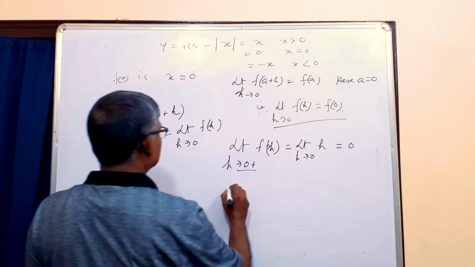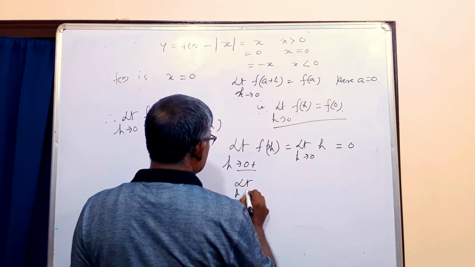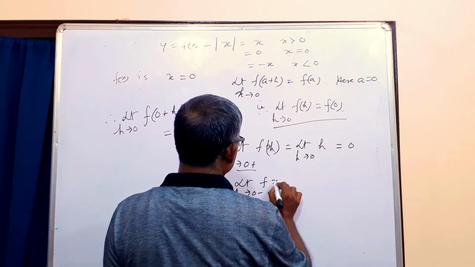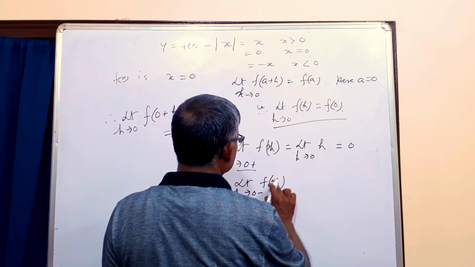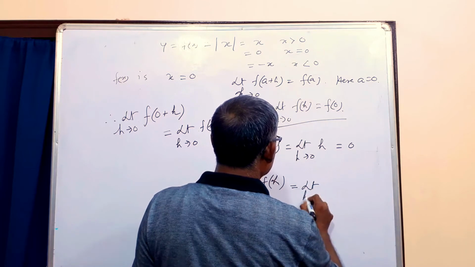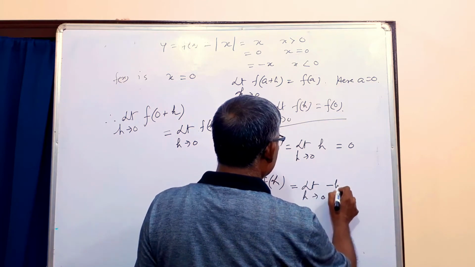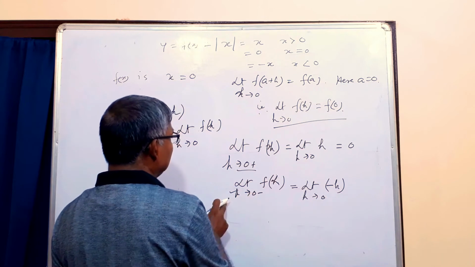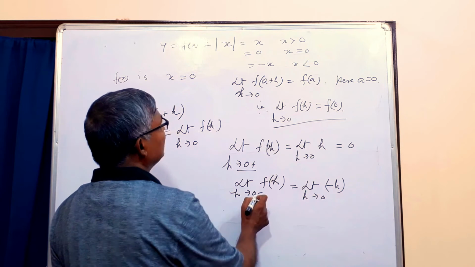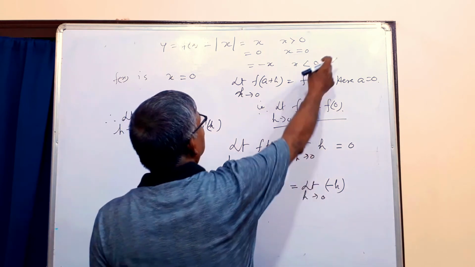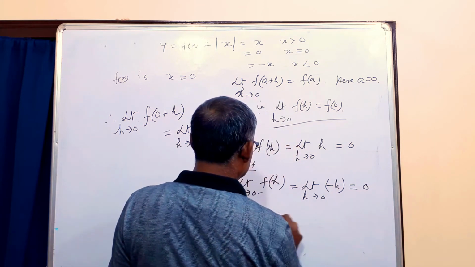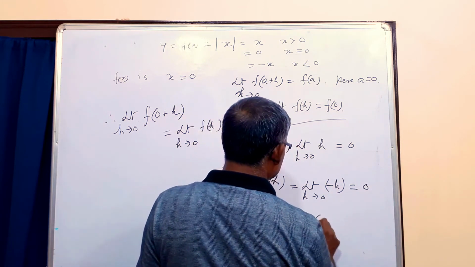And limit h tends to 0 minus of f of h equal to limit h tends to 0 of minus h, because whenever h is negative, h tends to 0 minus, h itself is negative, then it is the value of minus h. Here is also 0, and f of 0 equals to 0.